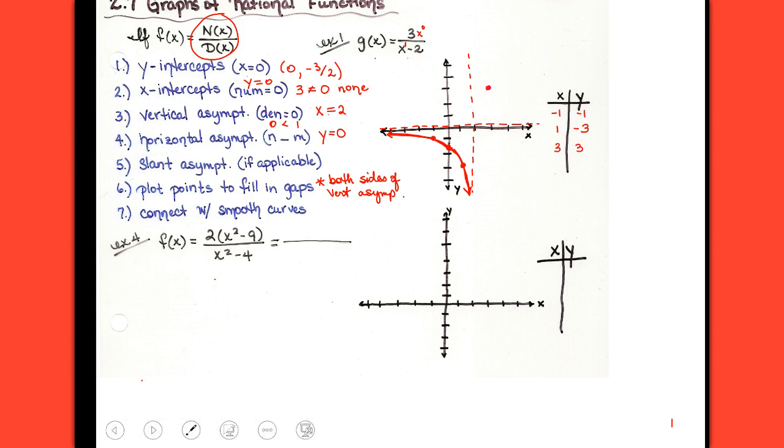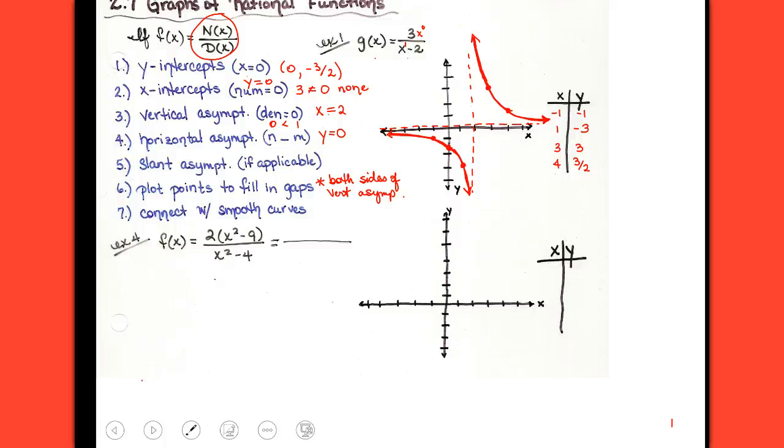Once I have those 2 points, I have a really clear indicator of what's going on, because if I connect those 2 points, I'm going to come up here and approach my asymptote, and come down here and approach my asymptote. So then I can see what that piece of the graph is going to look like, and we have a nearly flawless graph with just 4 points.